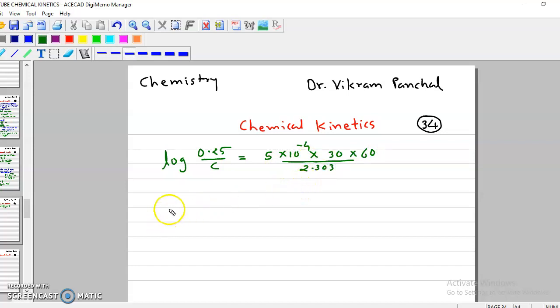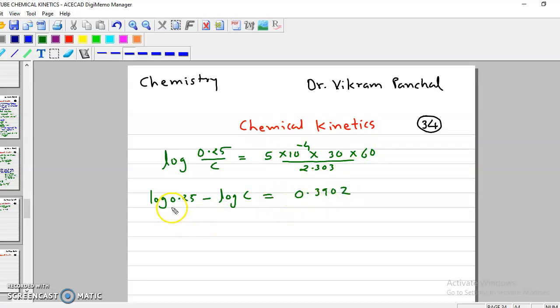Then you write log 0.25 minus log C is equal to this, and this will come roughly about 0.3902.